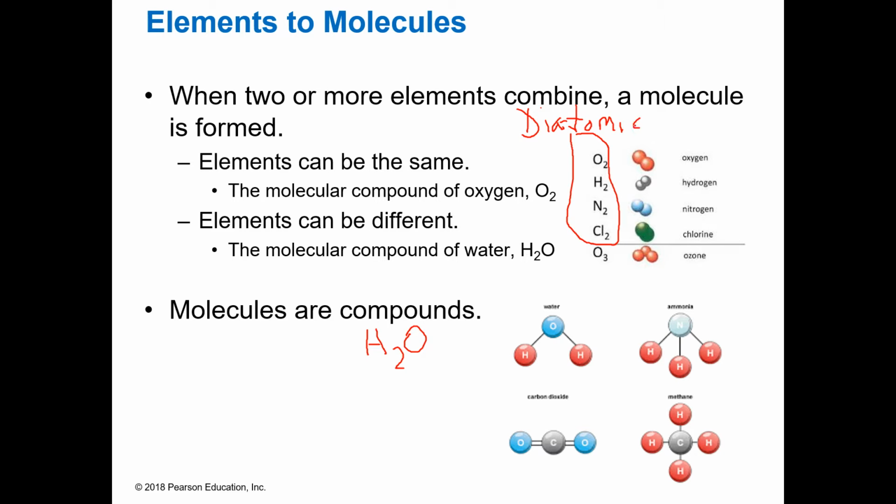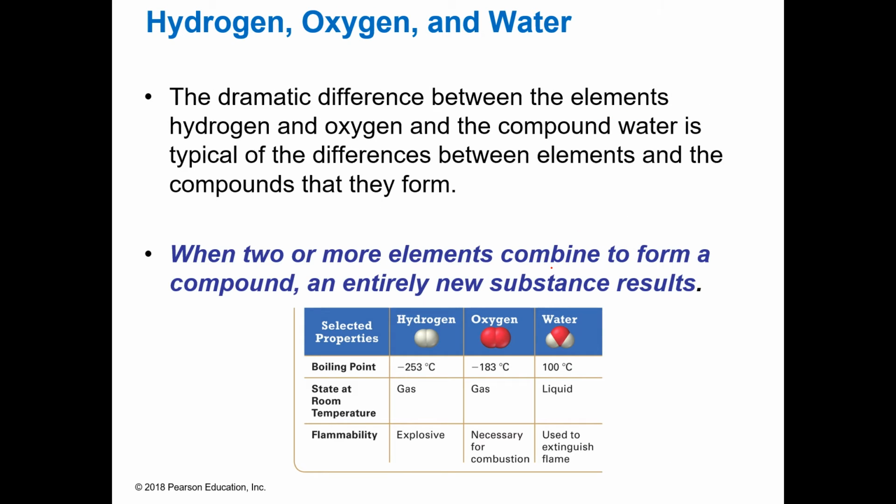A diatomic molecule is when you have two elements that are the same that are bonded. Now, your halogens, oxygen and hydrogen, in nature are diatomic molecules. Okay? But they don't have to be the same. Elements can be different, just like we see in water.